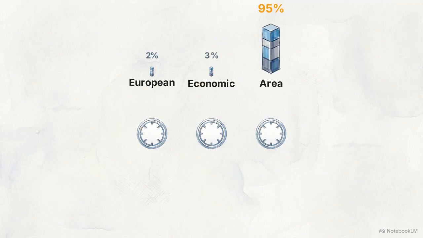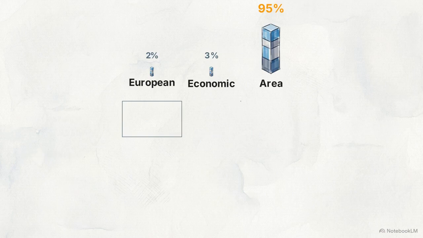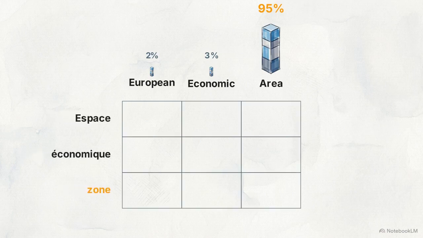Graphing all of these percentage weights together creates this visual matrix, a map of the machine's attention during the translation process. At the intersection of the French word zone and the English area, the stark white pixel indicates a massive mathematical reaction. The nuance in the shading shows that while area is white, European and economic have a faint gray glow.